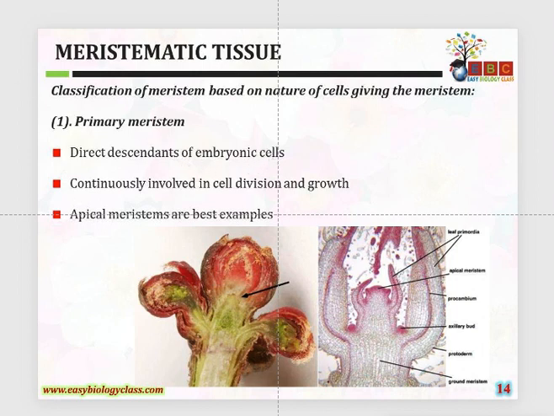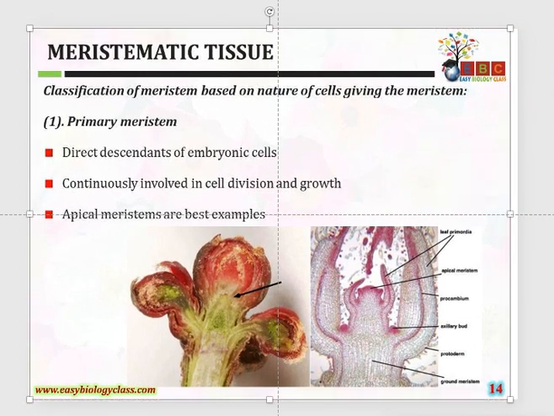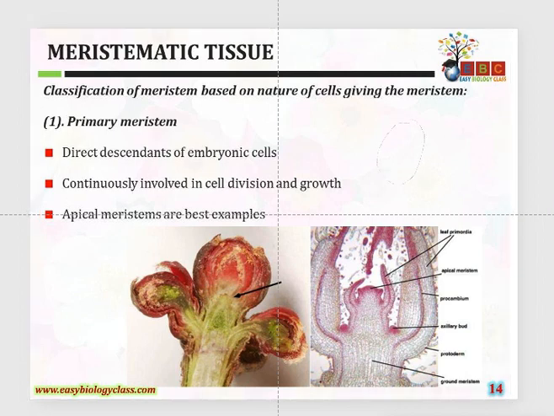Let me draw it in a better way. Inside the seed, you have the embryo. When the seed germinates, part of the embryo grows downwards, part of the embryo grows upwards. The region that grows upwards is called the plumule, and the region that grows downwards is called the radicle.